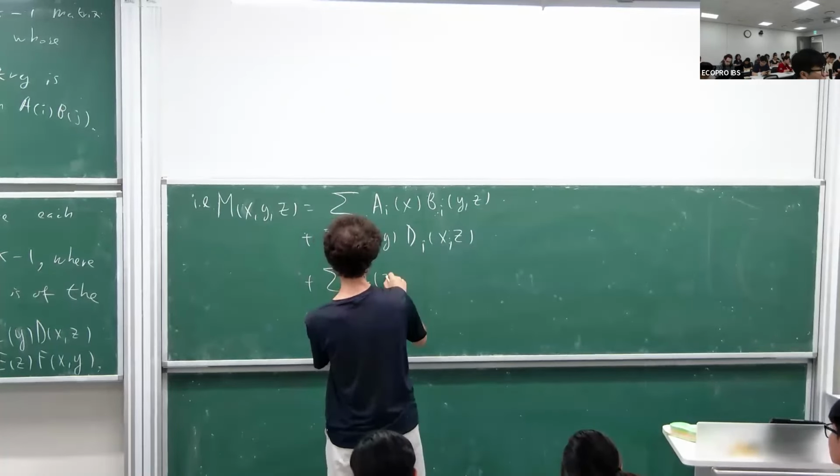I'm going to now look at the span of the A's. In other words, I'm looking at all the possible linear combinations of them.